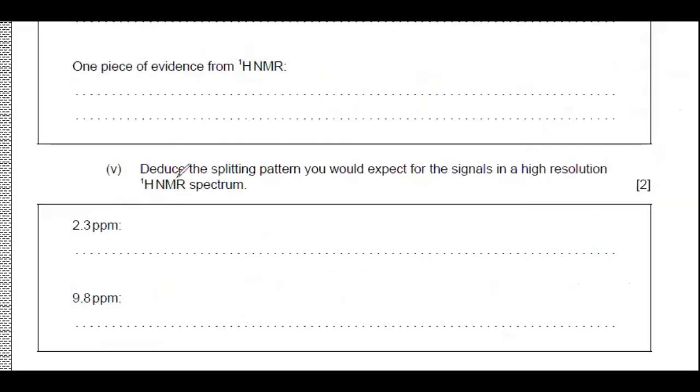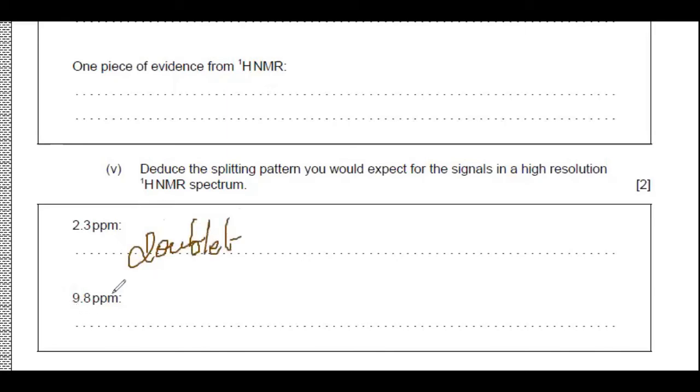Back to the question. Deduce the splitting pattern you would expect for the signals in the high resolution H1 NMR spectrum. At 2.3, we are getting a doublet.